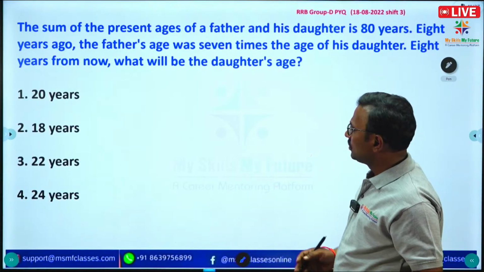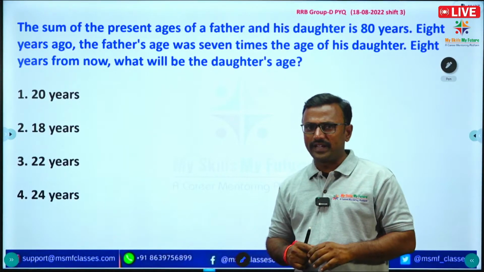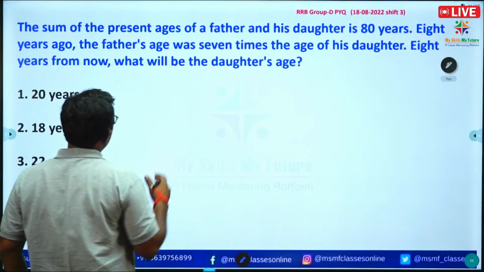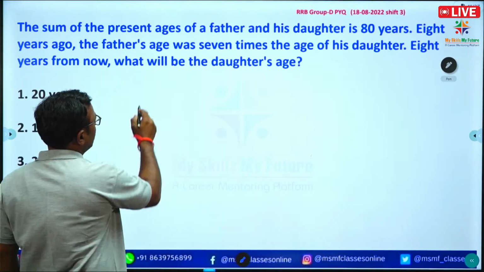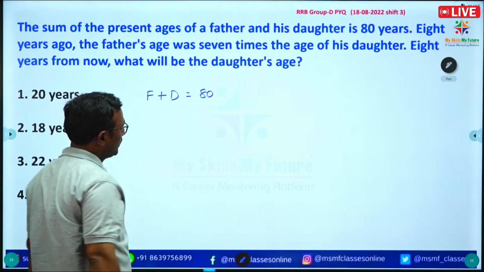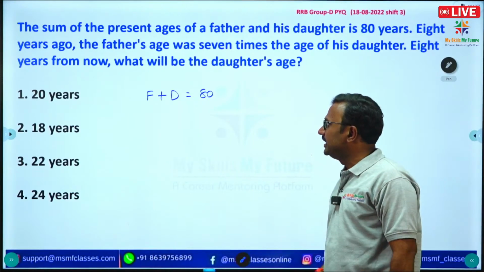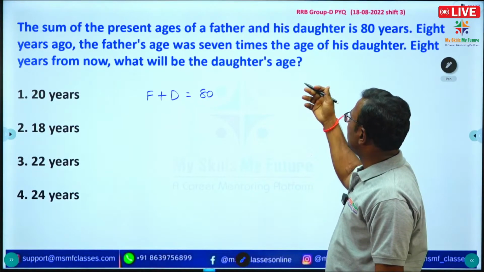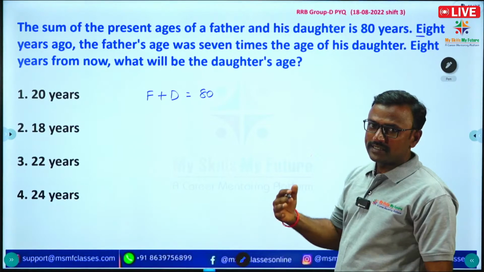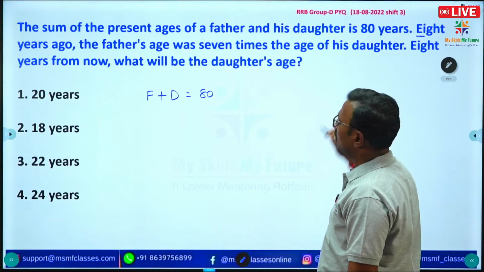See, the question is based on ages. Surely we are seeing at least one question from ages problems. The sum of the present ages of father and his daughter is 80 years. 8 years ago, the father was 7 times the age of his daughter.